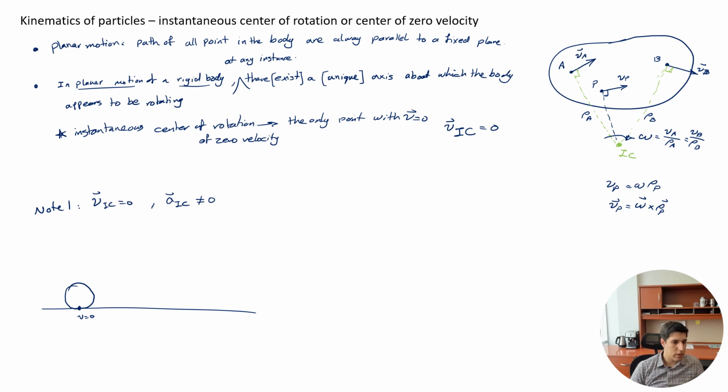But this point is just a point on the wheel. Before, the wheel is rotating this way, so before this point was here, and after it's going to go there. If I look at the path of the point in space, it's going to follow such a path, obviously a curved path, and it has an upward acceleration.